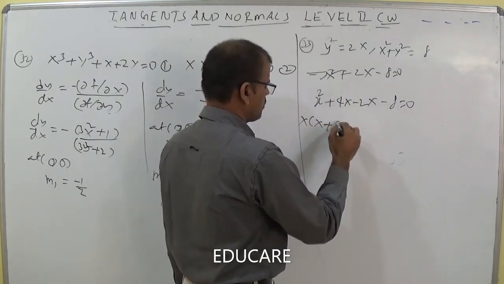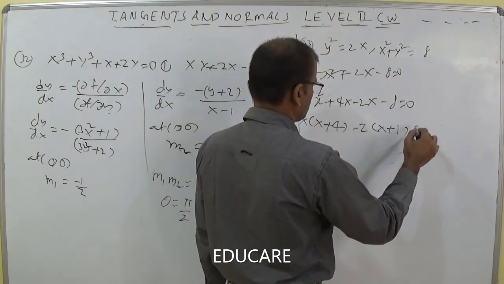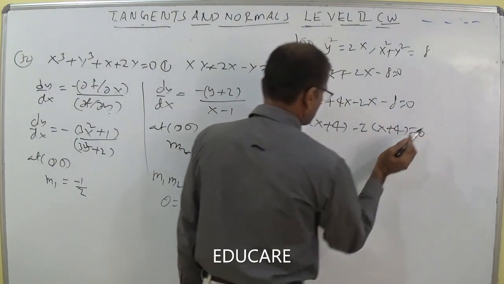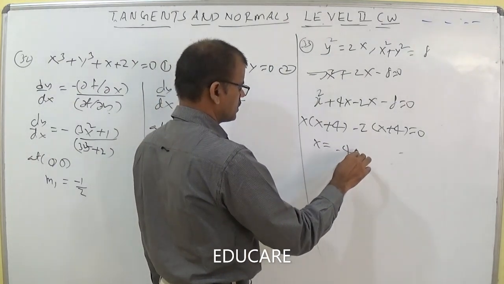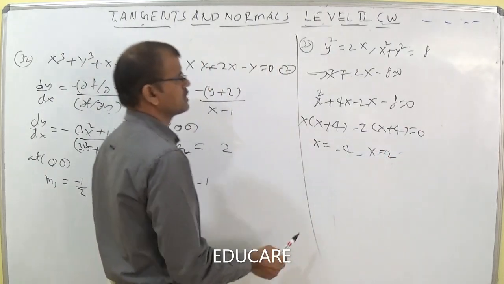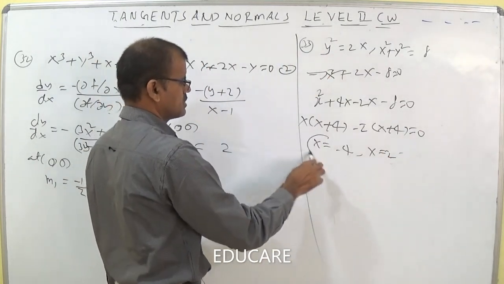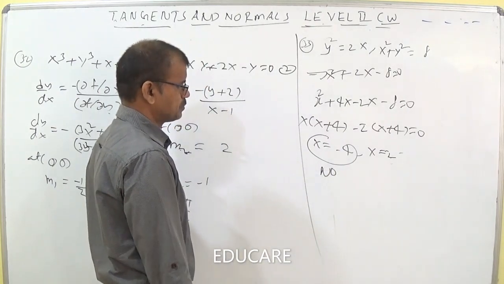Taking x common, x plus 4, and minus 2 common, x plus 4, so x equal to minus 4, x equal to 2. If x is equal to minus 4, y square becomes minus 8, which is wrong, so you don't take this. You take x equal to 2.